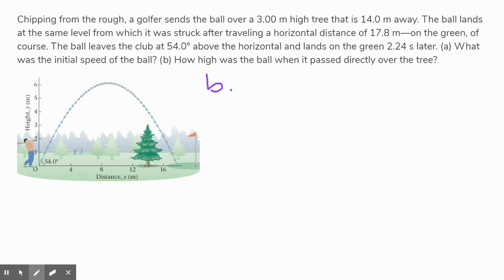Okay, so for part B, let's think about the information we know. We want to know what's happening right above the tree. So let's see, right above the tree, I would say we are at a position of x equals 14 meters. But we want to know that y value because we want to know how high it was.